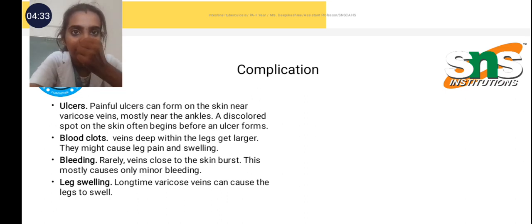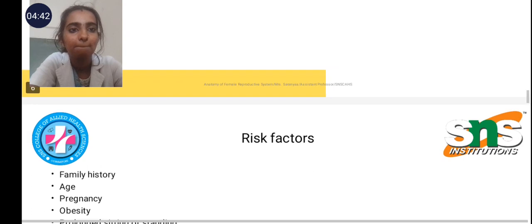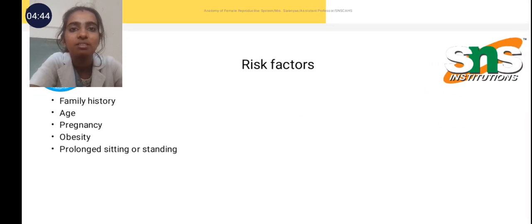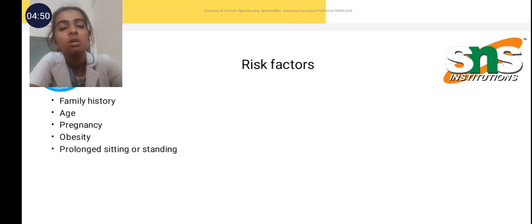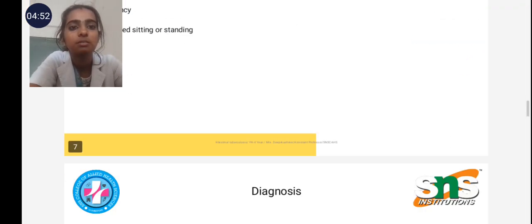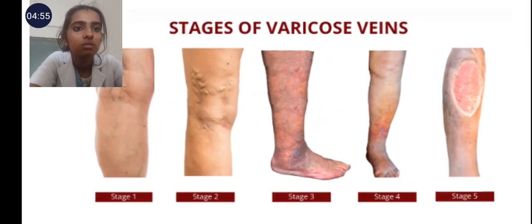Another one is leg swelling. Long-time varicose vein can cause the legs to swell. Another one is risk factors. The family history, age, pregnancy, obesity and prolonged sitting or standing will cause it. These are the risk factors.